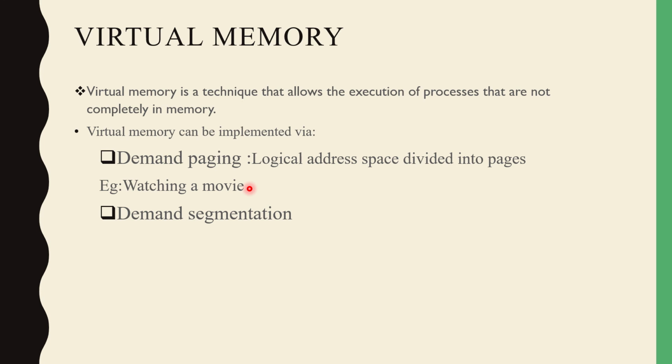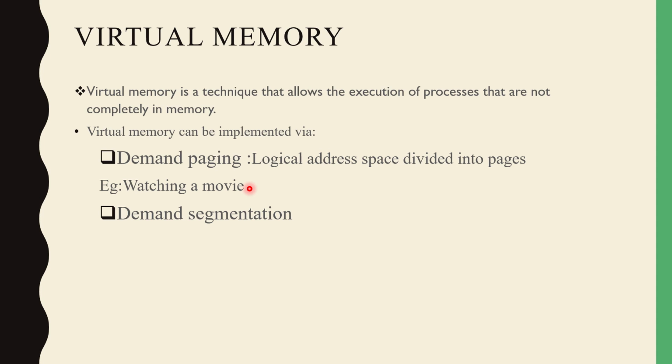Then the next 5 minutes or next 10 minutes, whichever depends on the memory space availability. Suppose the next 10-minute page is allocated to the main memory, and then that 10 minutes is executed.